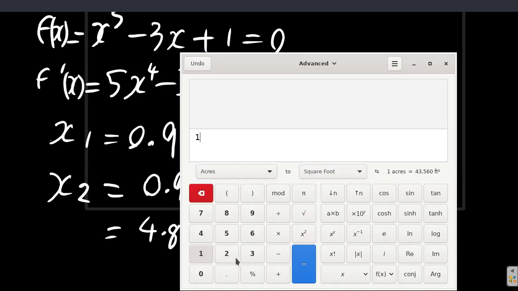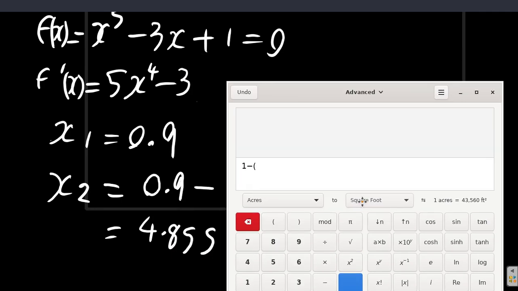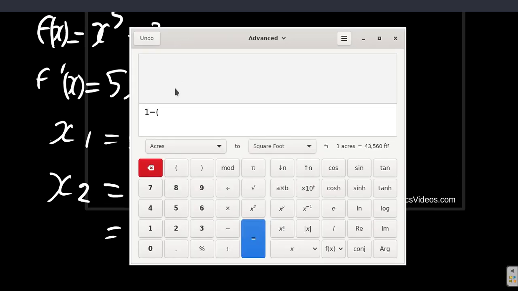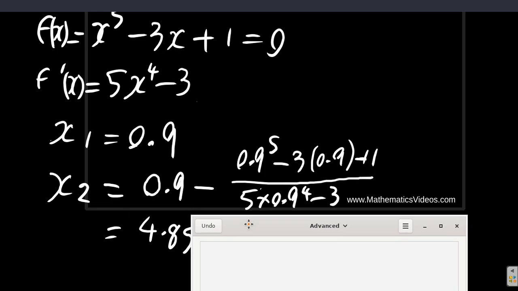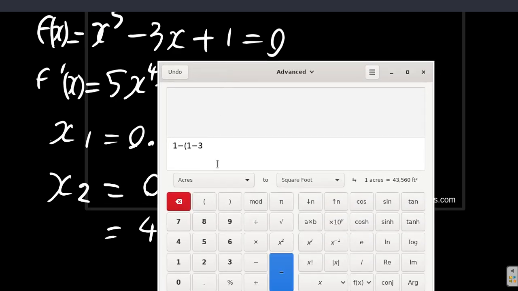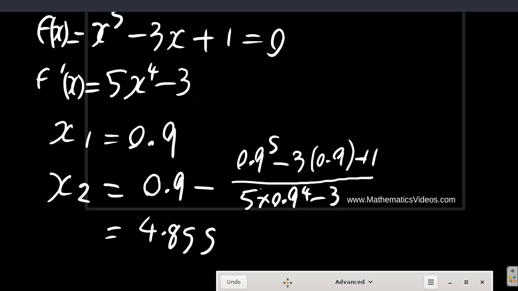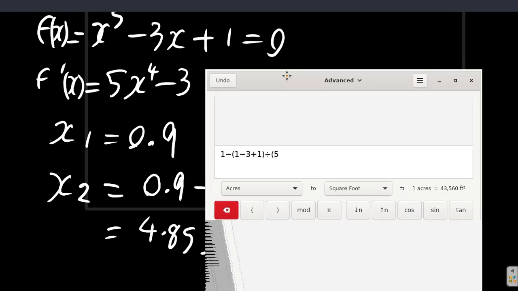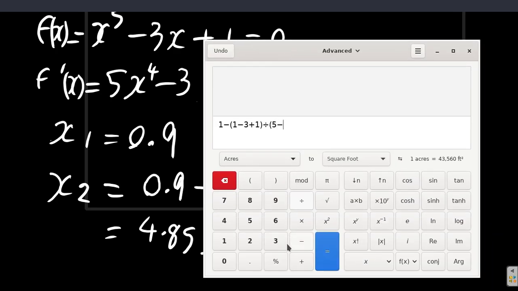In this case it would be 1 minus open bracket 1 to the 5th, which is just 1, minus 3 times 1, so it's minus 3, plus 1, close bracket, divided by open bracket 5 times 1 to the 4, which is just 5, minus 3, close bracket, equals 1.5.